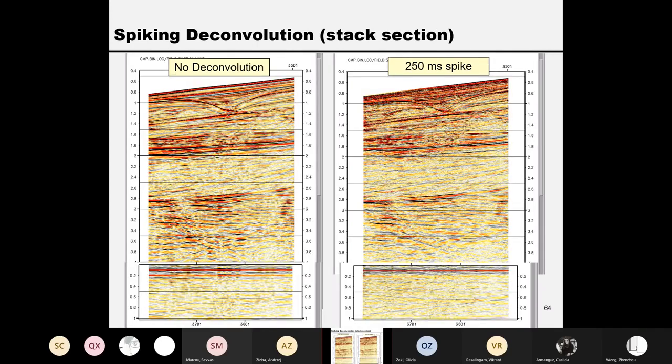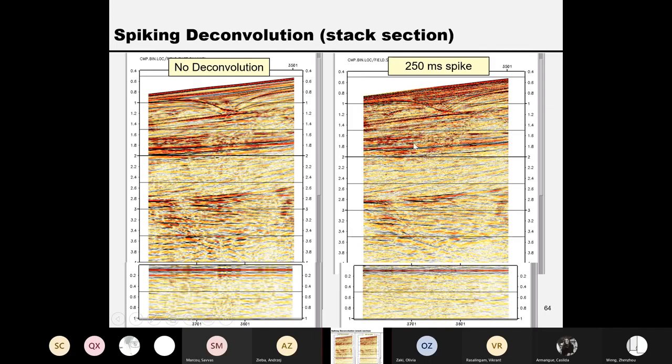So the stack section looks like this. You have a water bottom. It's not flat, right? As we said, maybe the 1D assumption is not good, but if source and receiver are assumed at the same point, the reflector point maybe is not vertically exactly below the source-receiver position, but maybe has a slight angle, but still 1D.